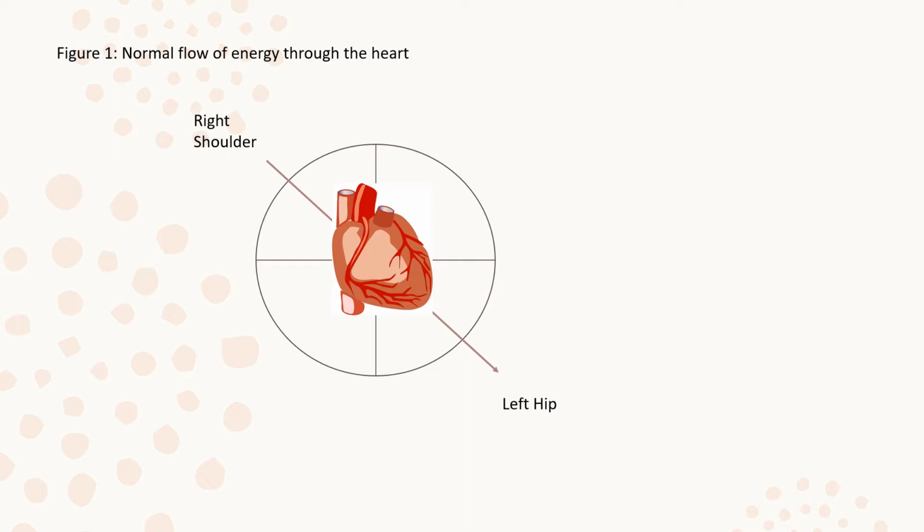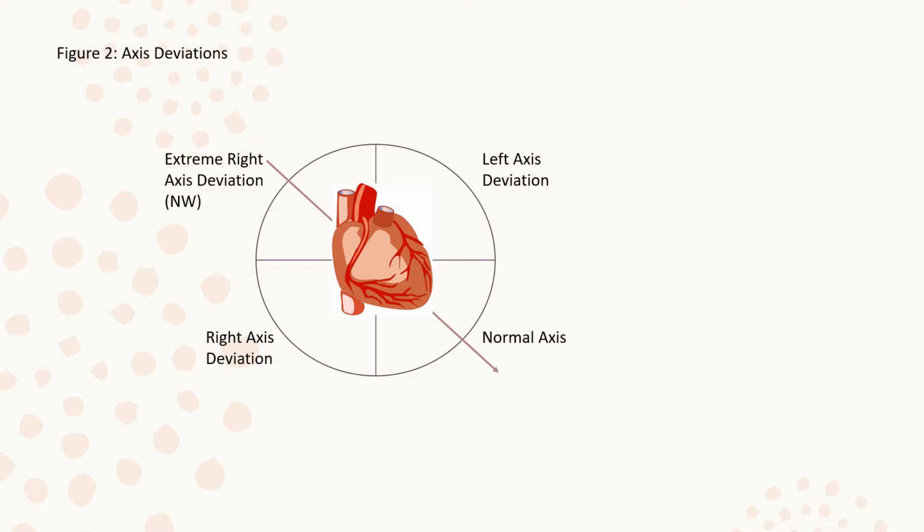Now, the left ventricle is so much larger that we see that electricity heading towards it. All right. We know, like I said, the normal is for energy to flow from the right shoulder to the left hip. And that would put us in this normal axis. So we're going where the energy travels to, and it goes to this normal axis.